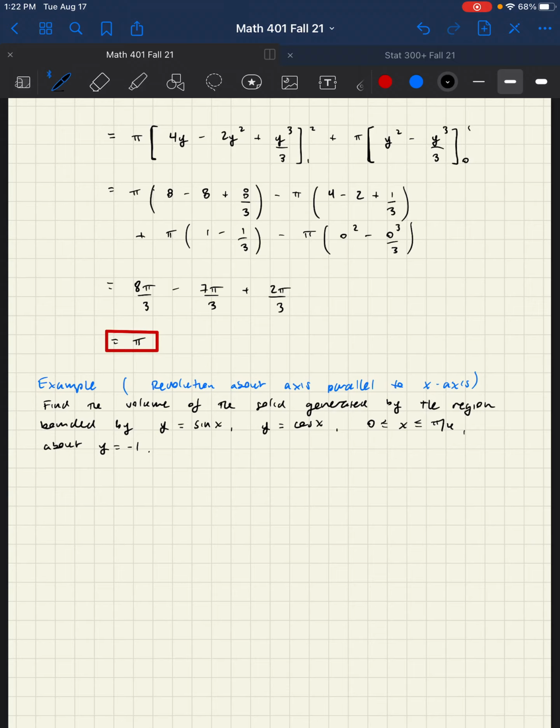So that already covers the axis of rotation.